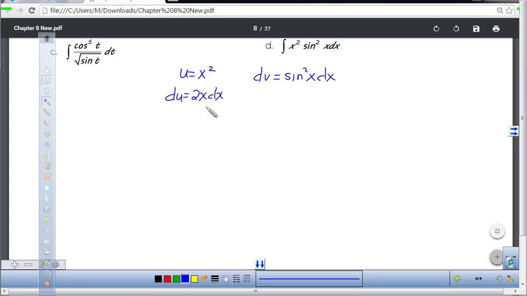And v, well, we need to do a little work to get to v. So we've got sine squared x dx. What do you think we should change that to? Okay, so 1 minus cosine 2x over 2. That's actually going to be our dv, right?